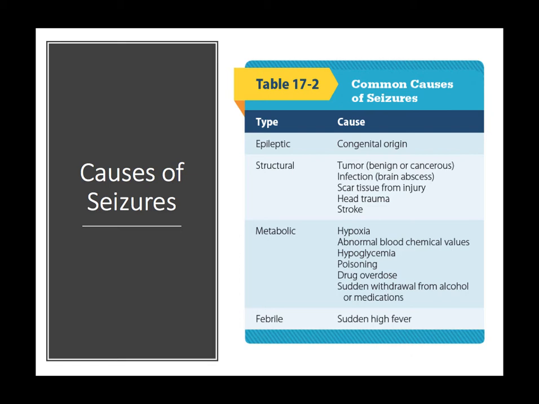Another common cause of seizures, especially nowadays, are drug overdoses. And we also do see this a lot in the field with sudden withdrawal from medications or alcohol. Seizures, most commonly in children, will be because of a sudden high fever, and that's called a febrile seizure.